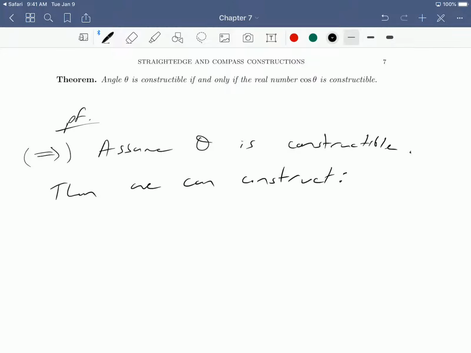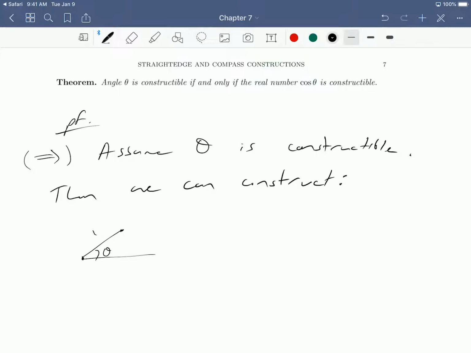If I can make angle theta, whatever theta is, then I can make that construction, and then I can make one of the legs exactly length 1, by just cutting it off at the appropriate place.